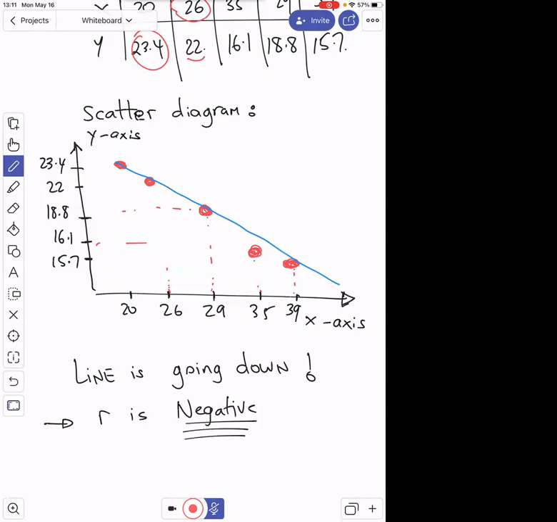So if you get a line which goes up, then your R would be positive, etc. Yeah, so what else? Explain your answer. The explanation is just to say your line is decreasing, or going down, so then your R is negative, okay?